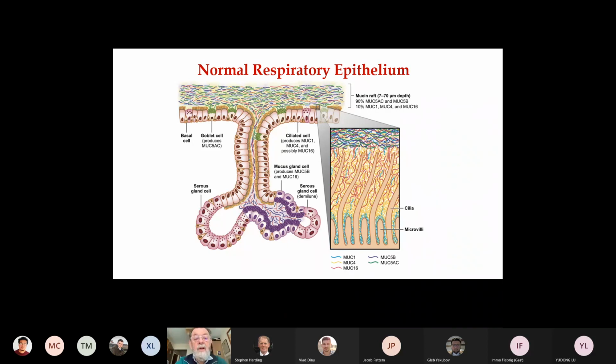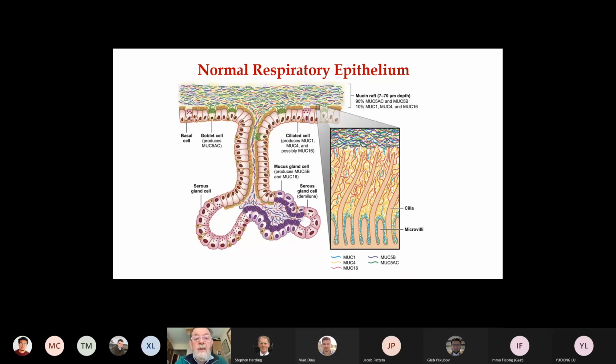The things I like to point out here are that there are different sites on the respiratory epithelium that have different types of responses. You can see the majority of the cells are ciliated cells. Down at the right-hand side, you can see the mucosa with the cilia.